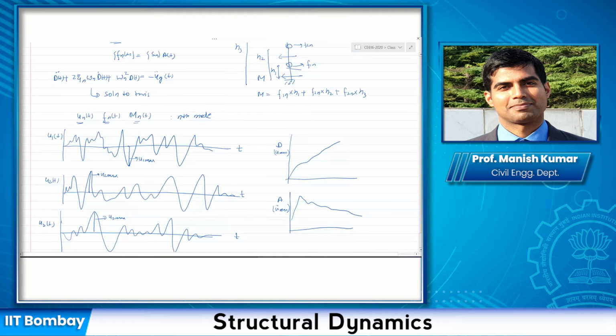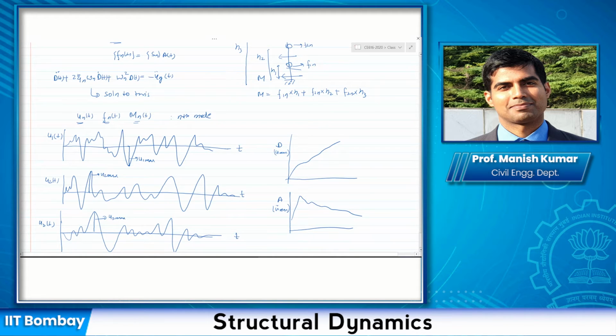Understand the issue here. For a single degree of freedom system, I know my peak response. But for a multi-degree of freedom system, I do not know my peak response because it is a combination of different single degree of freedom systems, and different single degree of freedom systems will achieve their maximum response at different times.